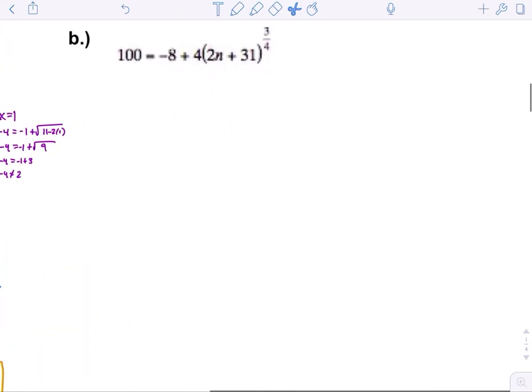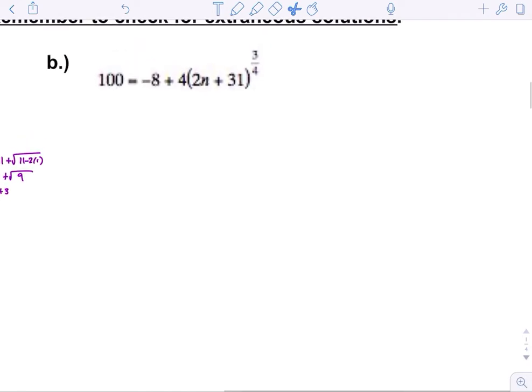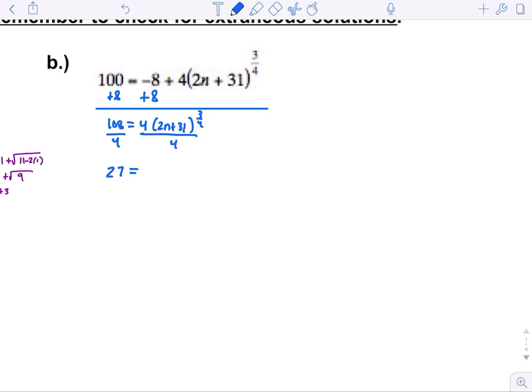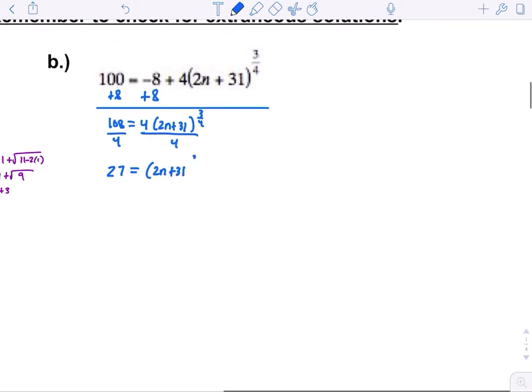Alright, B. Okay, so you just have to solve for n at this point. So add 8 to both sides. 108 is equal to 4 times (2n plus 31) to the 3/4 power. Divide both sides by 4. We're going to get 27 is equal to (2n plus 31) to the 3/4 power.